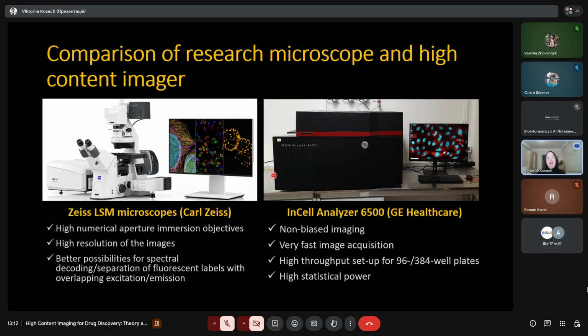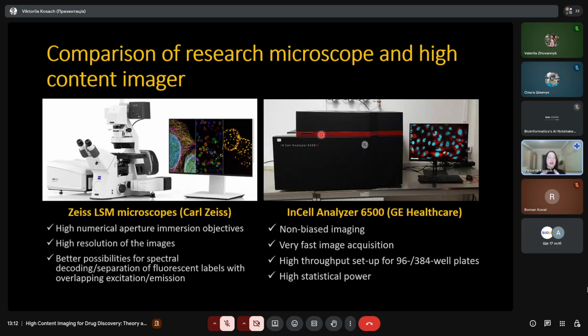However, these microscopes are a bit limited in the objective lenses that you could use, because I did not hear about such imagers with oil immersion because it's very complicated for automation. So that's why such microscopes usually have water immersion objective lenses. They are also not such quick.